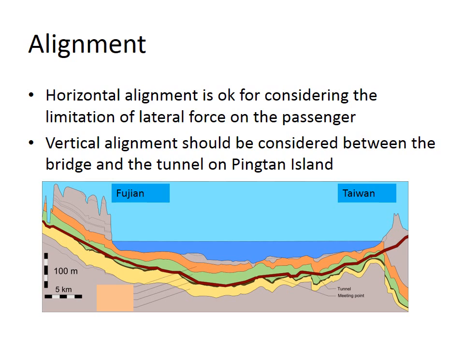For the vertical alignment, there will be a major vertical alignment at the Pingtan Island from the bridge to the tunnel. But based on our estimation, there will be enough space in Pingtan Island to construct such a vertical alignment to meet safety requirements.